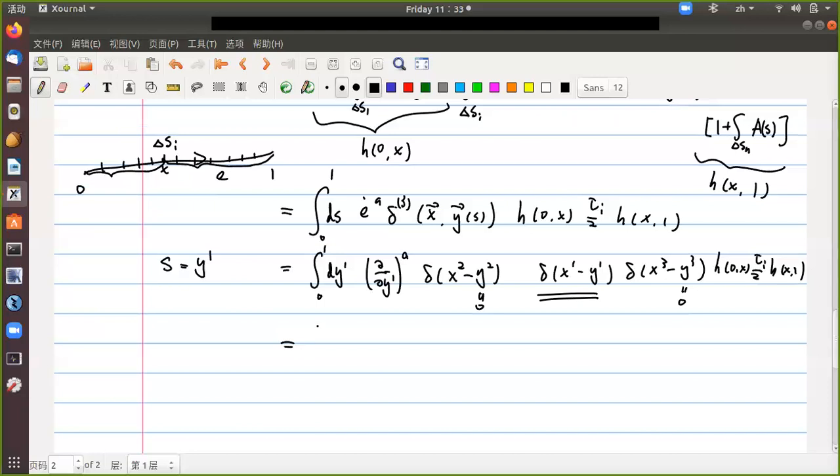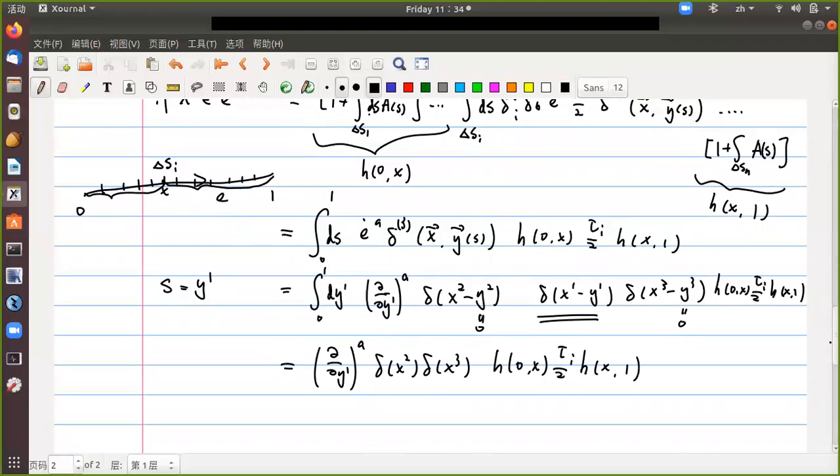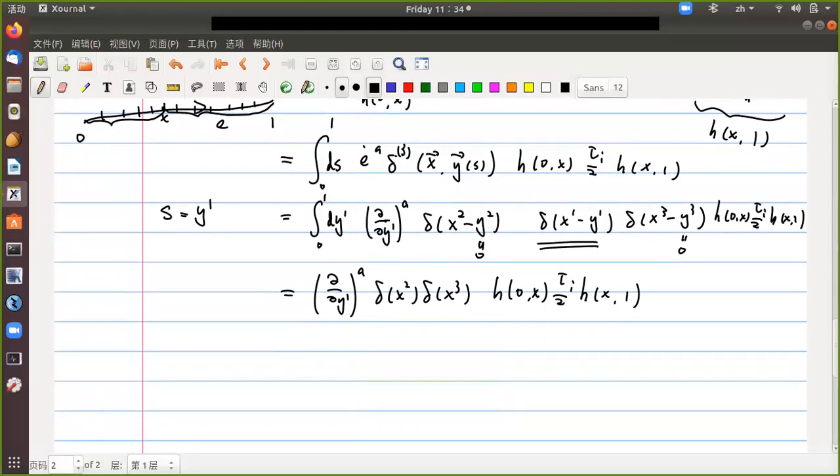So the result is partial y1 a, delta x2, delta x3, and h again, h_0x tau half h_x1, because it depends only on x, independent of y. Okay, so this is the result.